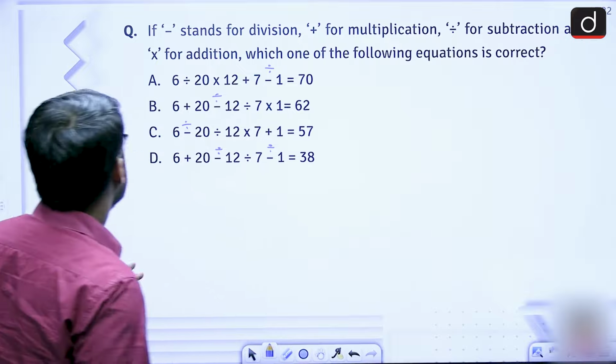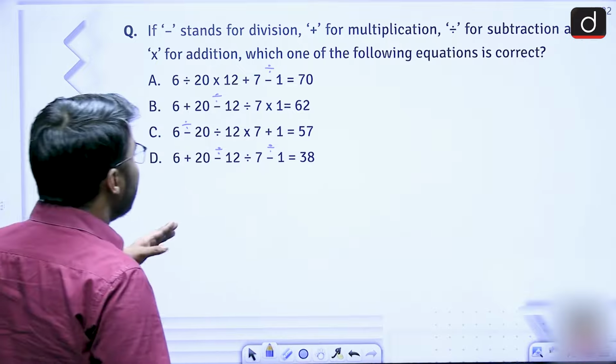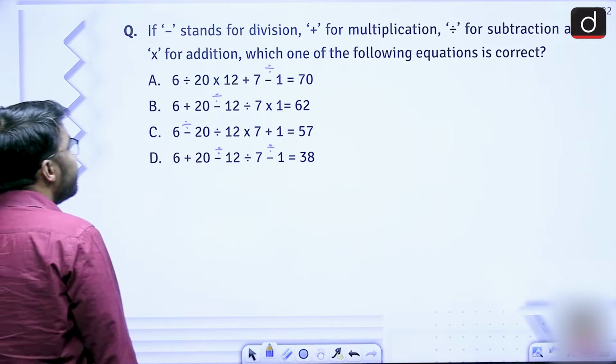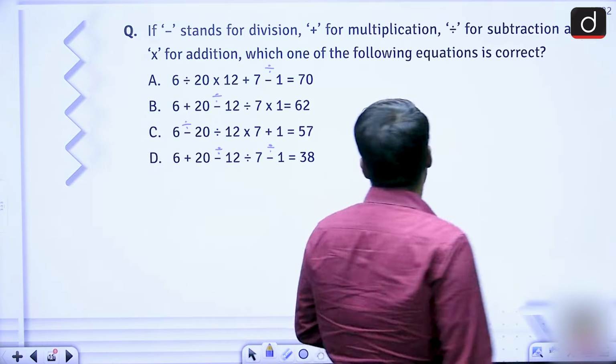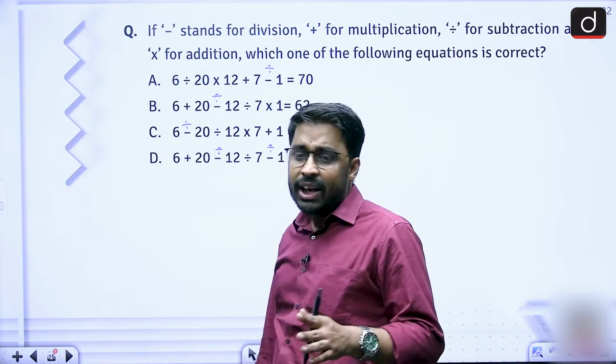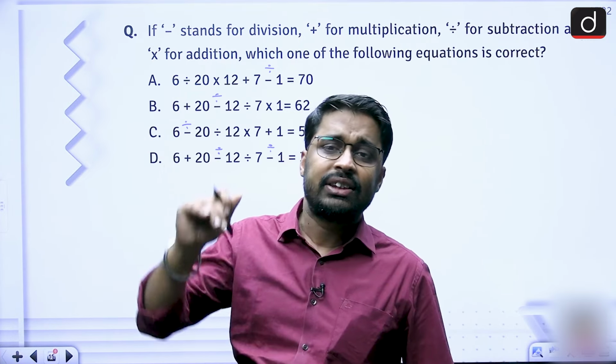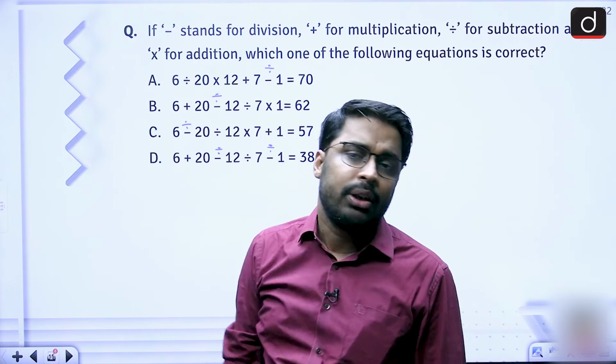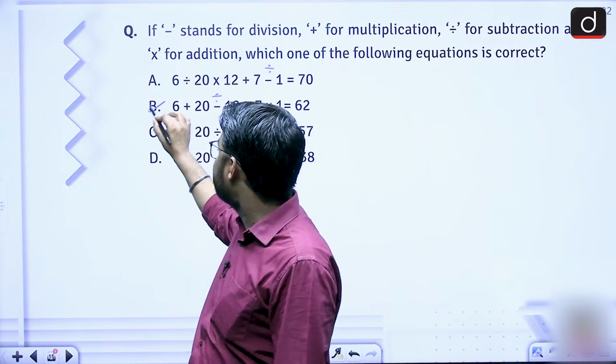Now 7 divided by 1 will give me 7, an integer value. So this option can be my answer. 20 divided by 12 would be 5 by 3, and 5 by 3 is 1.66666666 non-terminating. We can never convert a non-terminating decimal back to integer, so this option cannot be my answer.